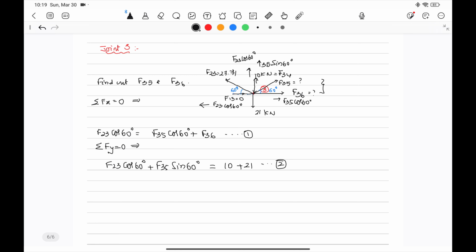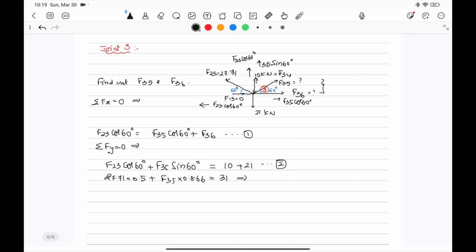Now, we will go for equation number 2. What is F23? 27.71 into cos 60. Cos 60 is 0.5, plus F35, which is unknown, into sin 60, 0.866, is equal to 31.